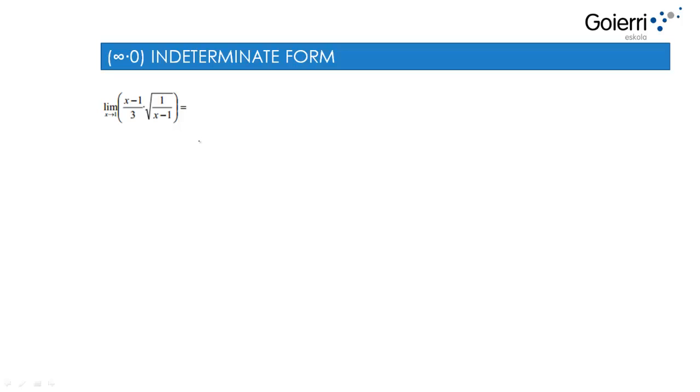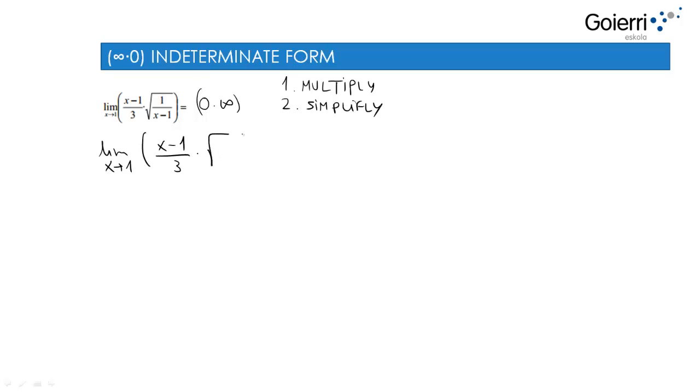Let's do another example. So here we have a square root, right? So if we plug 1 into the function, we get 0 times infinity. So we have already seen that to solve this kind of indeterminate form, we have to multiply and then simplify. So we have to be careful when we have square roots, right?